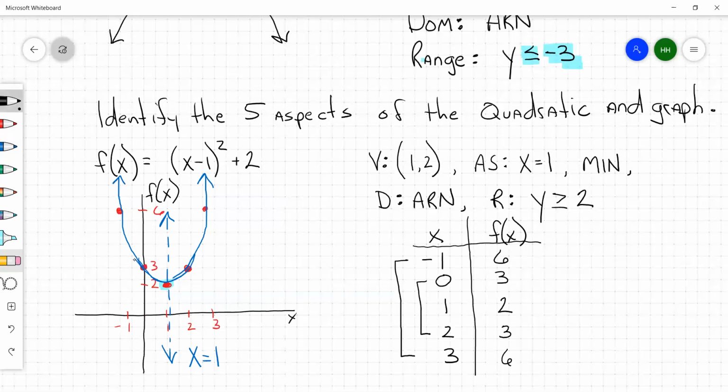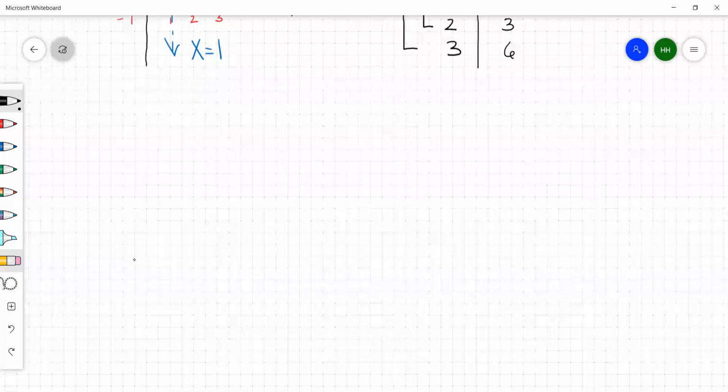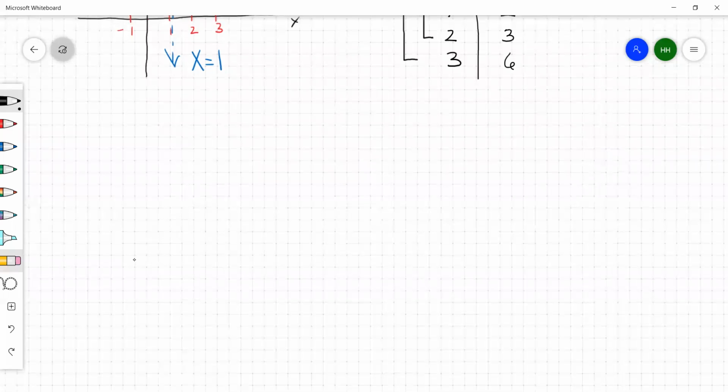All right, so your assignment for today, on a clean sheet of paper, name, date, period number in the upper right-hand corner. This is going in the basket when you leave. On page 199, 30 through 34.